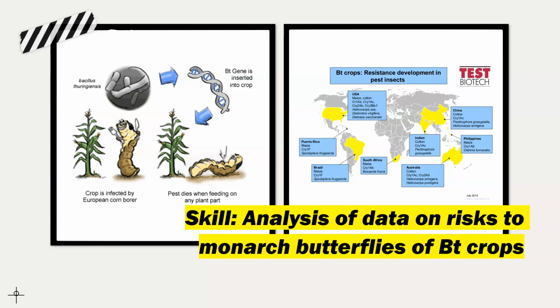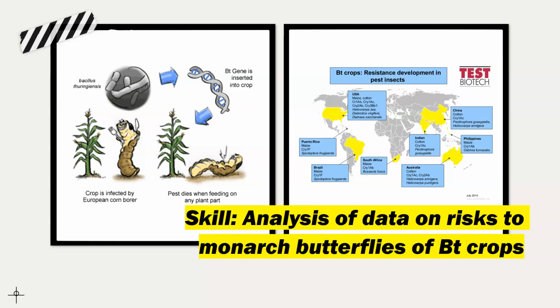Our BT gene comes from our bacteria there, Bacillus thuringiensis. There is a gene in that which, once in a crop, means a certain pest, this corn borer, dies. If it eats any part of the plant, it will die if that BT gene is in it.